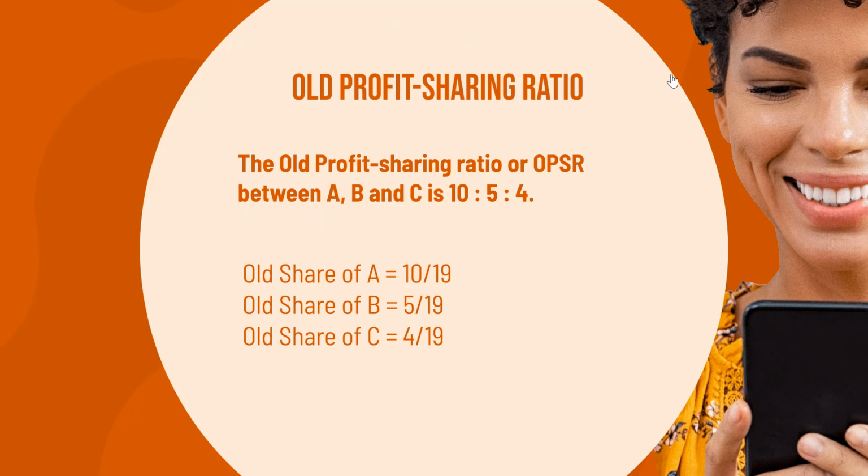Therefore, the old profit sharing ratio, or OPSR, between A, B and C is 10:5:4. Therefore, the old share of A is equal to 10 by 19. Old share of B is equal to 5 by 19. And old share of C is equal to 4 divided by 19.